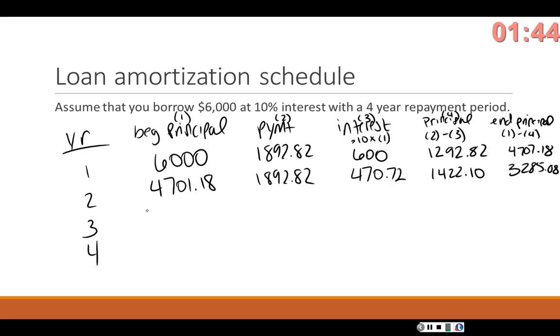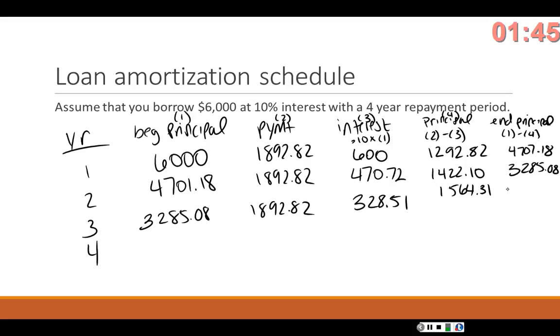Your ending principal becomes your beginning principal in year 3. Your payment's the same. Your interest is 10% times $3,285.08 to give you $328.51. The amount that goes towards principal is your payment of $1,892.82 minus the amount going towards interest of $328.51 to give you $1,564.31.